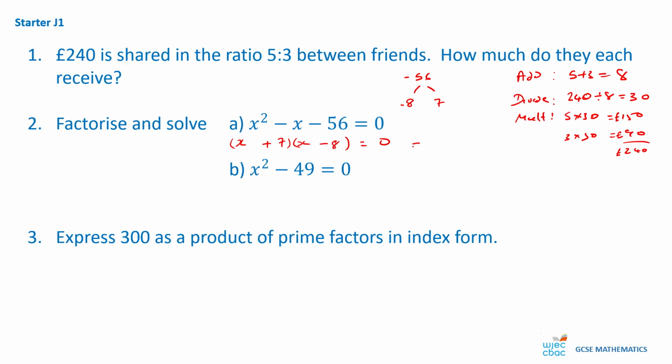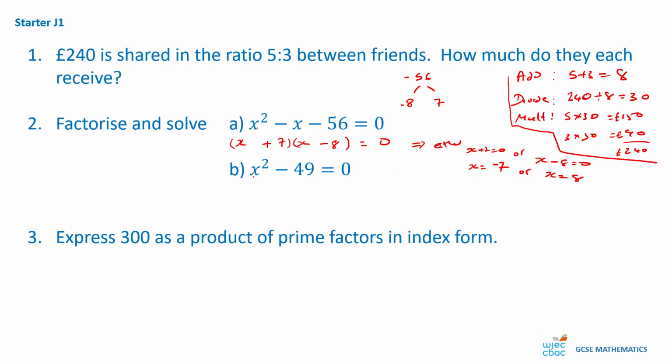So that implies then that either x plus 7 equals 0, or let's just separate this, or x minus 8 equals 0, which means that either x is equal to minus 7 or x is equal to 8.